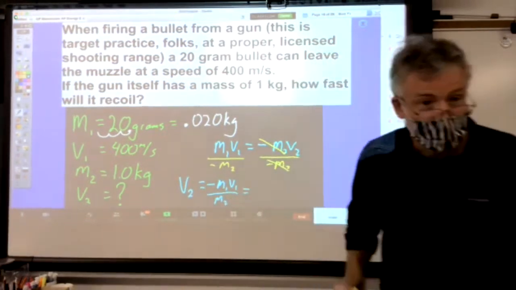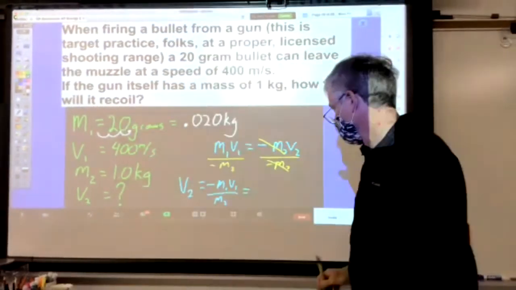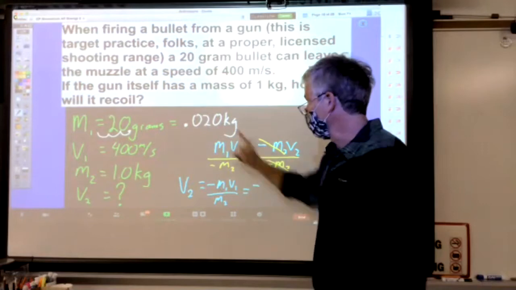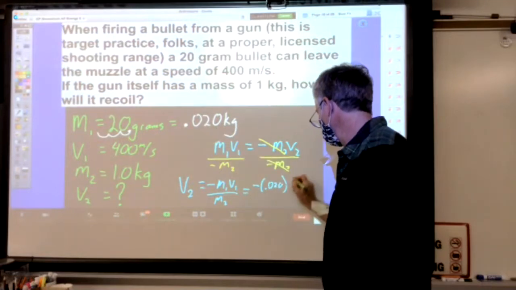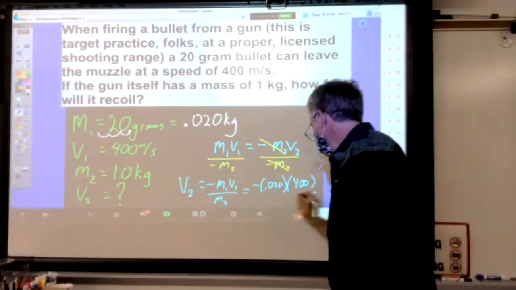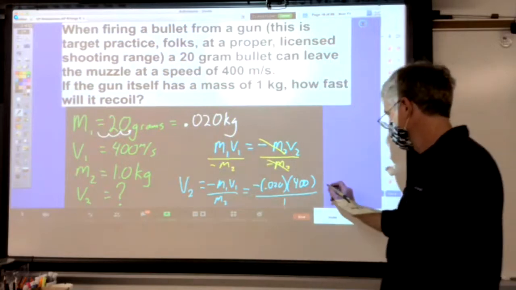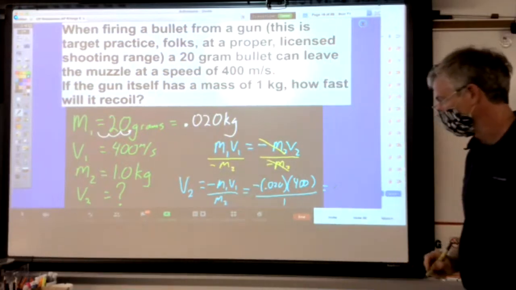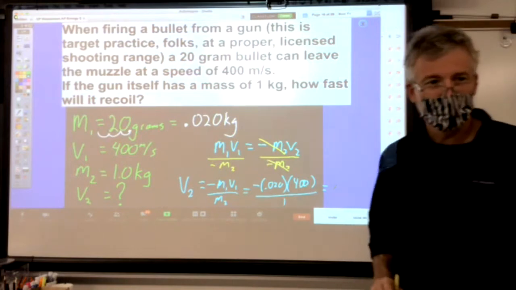Then we do the plug and chug. We put in the numbers that we got, and we look up here. We got all the numbers right here. So negative M1 is 0.020. V1 is 400. M2 is 1. That makes an easy division, right? And so what do we get? 0.02 times 400.